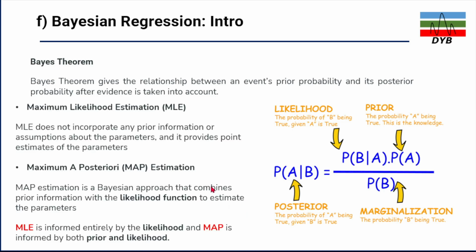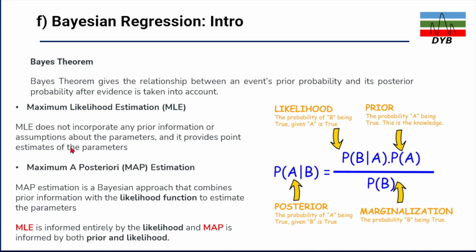Now let's look at these two methods, which are maximum likelihood estimation and maximum a posteriori estimation, which are MLE and MAP. The first method uses the likelihood and does not incorporate the prior information or the assumption about the parameters. But maximum a posteriori estimation actually uses both the prior information and the likelihood function.